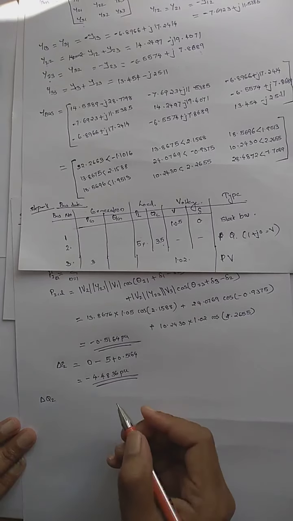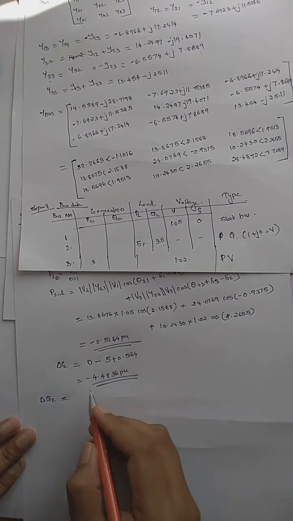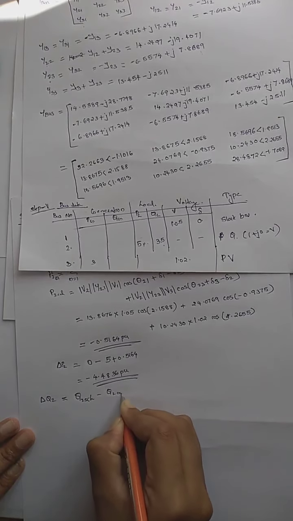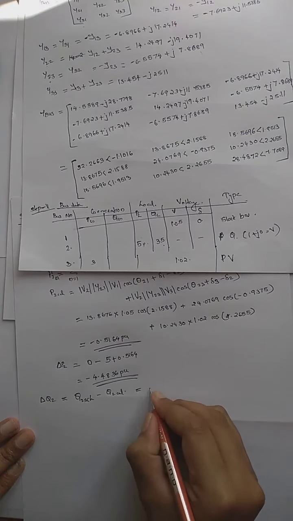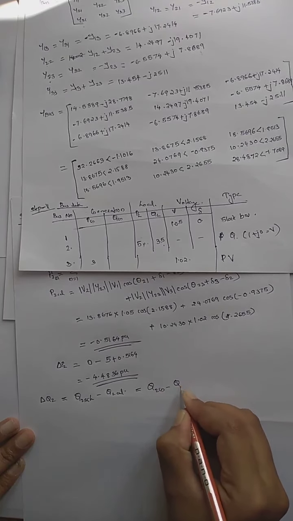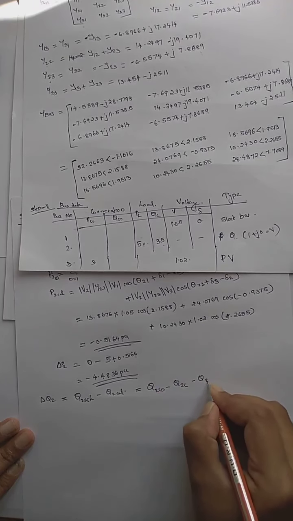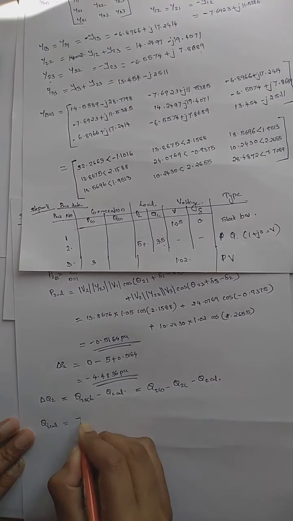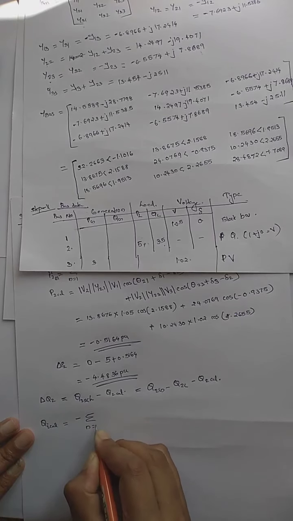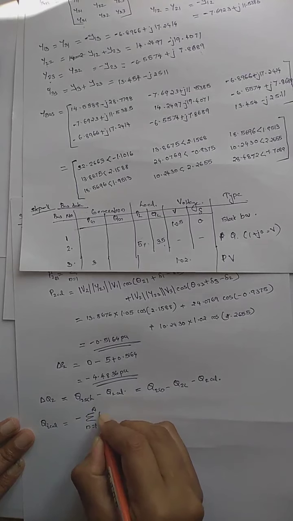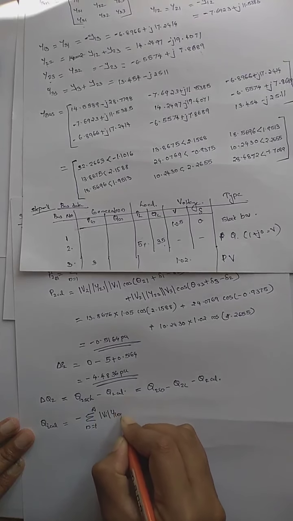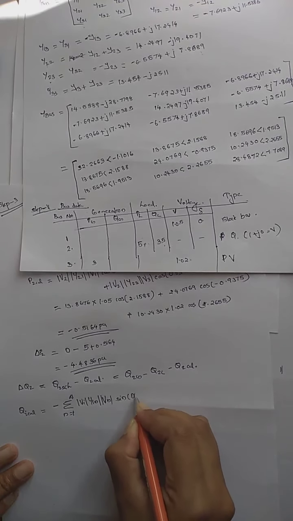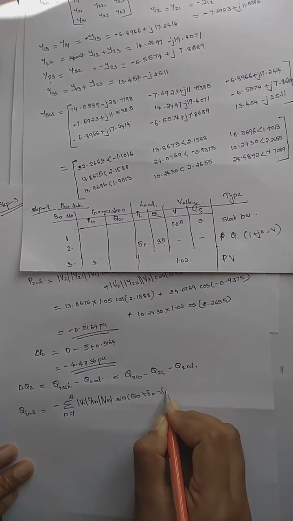Similarly, I have to find out my delta Q2. Delta Q2 is equal to Q2 scheduled minus Q2 calculated. How will I find out Q2 scheduled? That is Q2 generated minus Q2 load minus Q2 calculated. What is the equation for Qi calculated? That is equal to minus sigma n is equal to 1 to n Vi Yin Vn sin theta in plus delta n minus delta i.